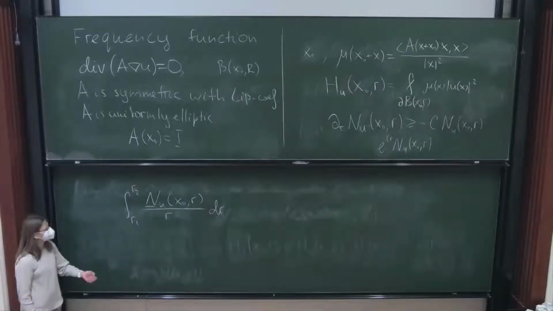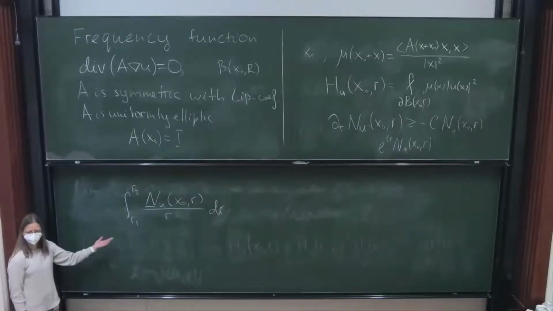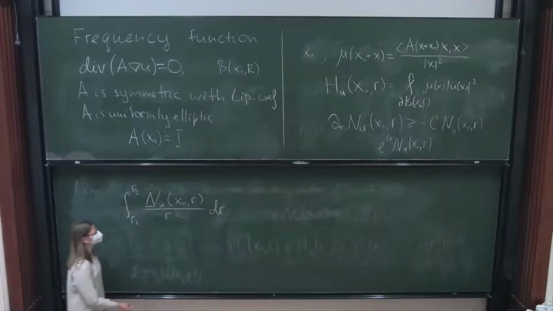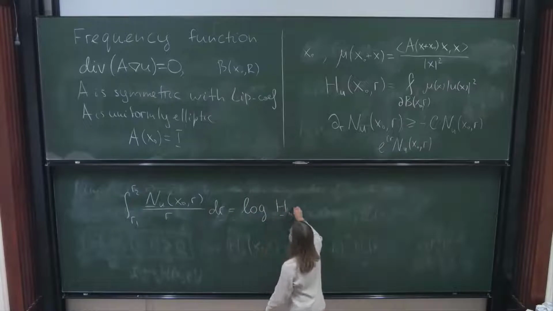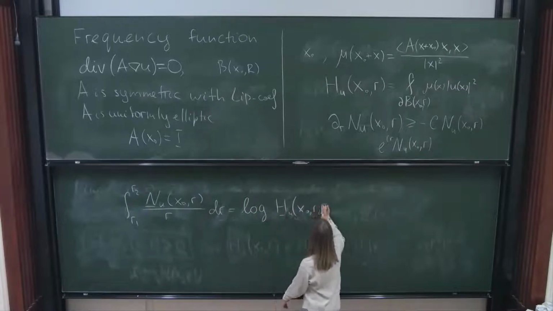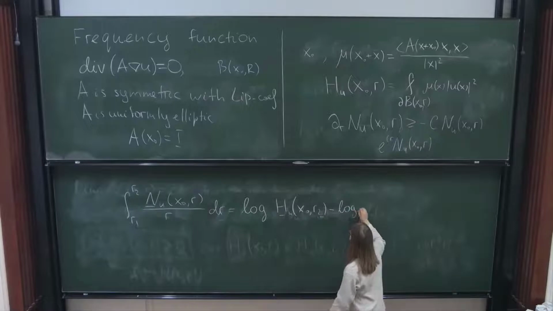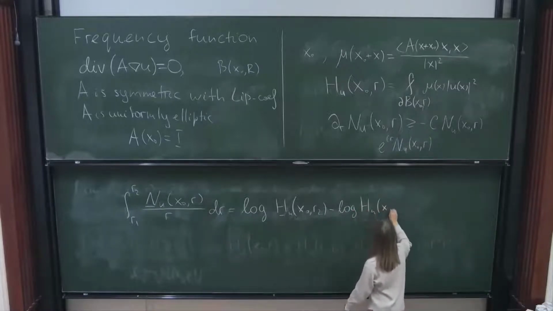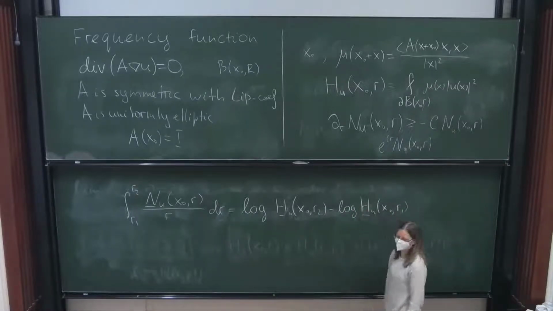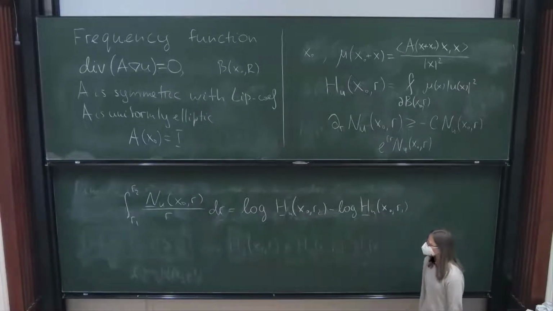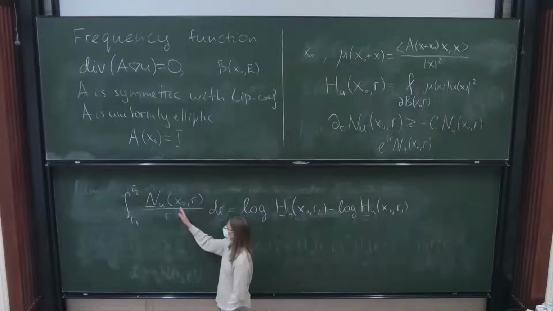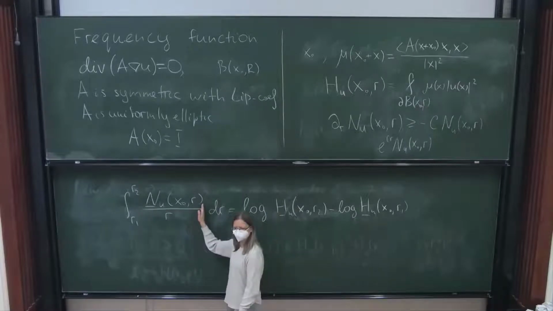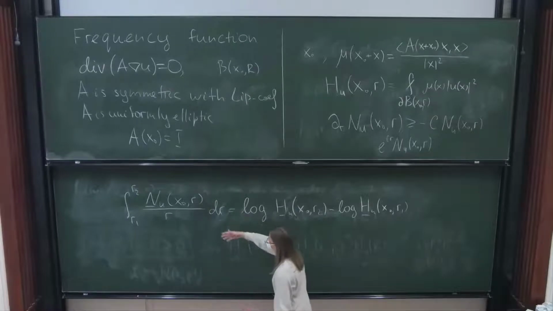By the definition, this is the integral of the logarithmic derivative of h, so I get the difference of the log of h at the two radii. And now we know that this is bounded from below by the values of the frequency at the left point and at the right point, times the integral of 1 over r.